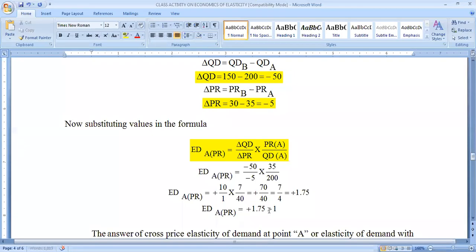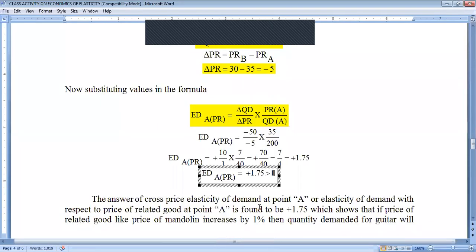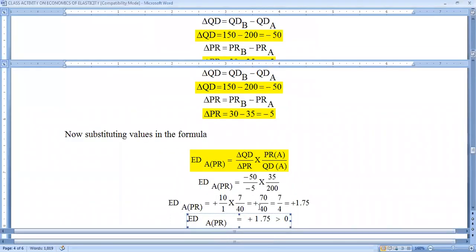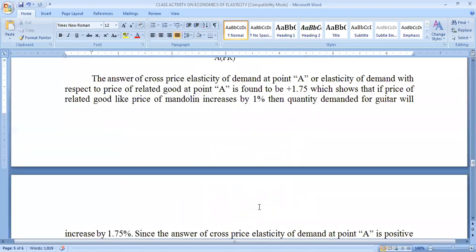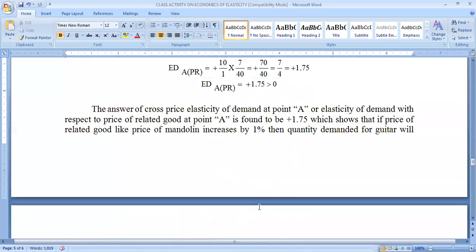It is also greater than 0. So let me interpret its meaning. The answer of cross price elasticity of demand at point A, or elasticity of demand with respect to price of related good like mandolin. What is the related good?